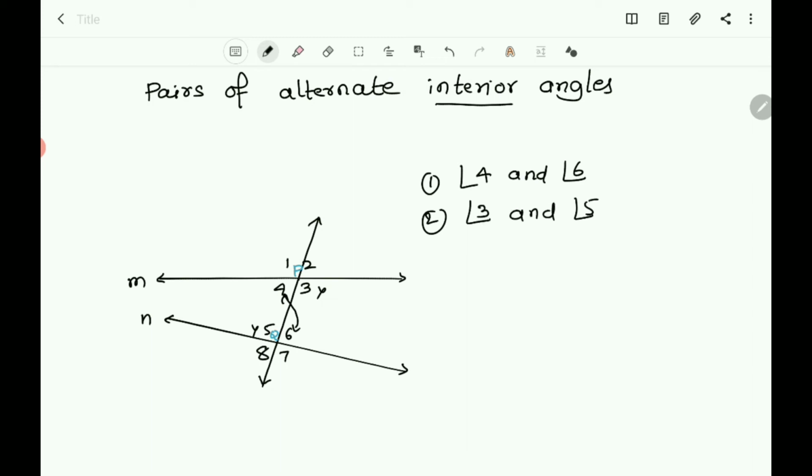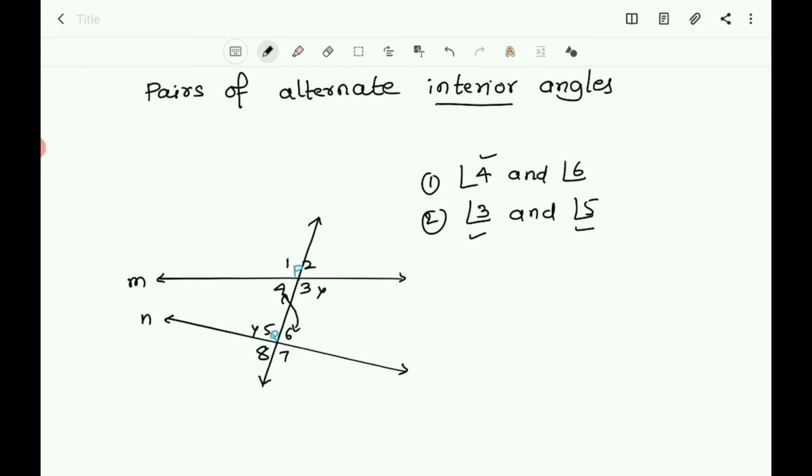Here 4 and 6 are the angles on both sides of the transversal, but one is below the line M and the other one is above the line N. Here also angle 3 is below the line M and angle 5 is above the line N, and they are on different sides of the transversal.